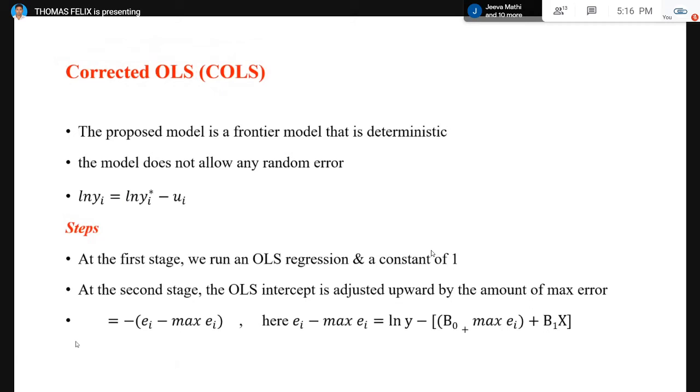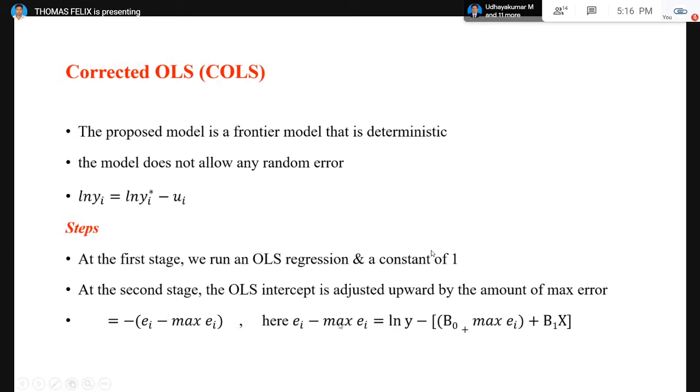So under the distribution free approach, first we saw what is meant by corrected OLS. First we run the regression. After running the regression, we predict the error values. Then we choose the maximum error value among the predicted ones, and adjust the intercept values with it.